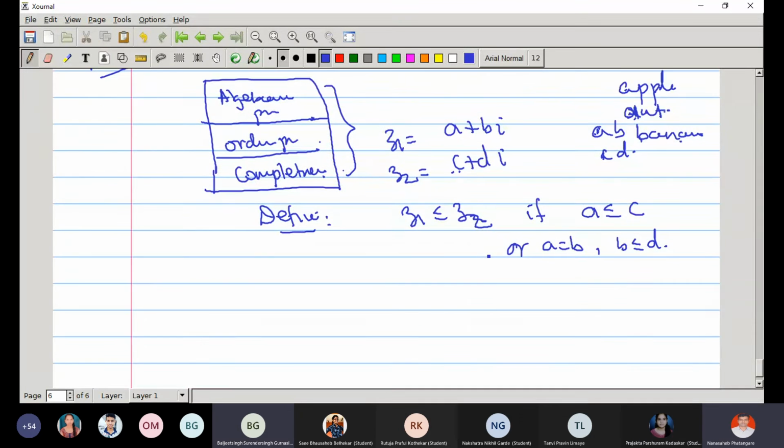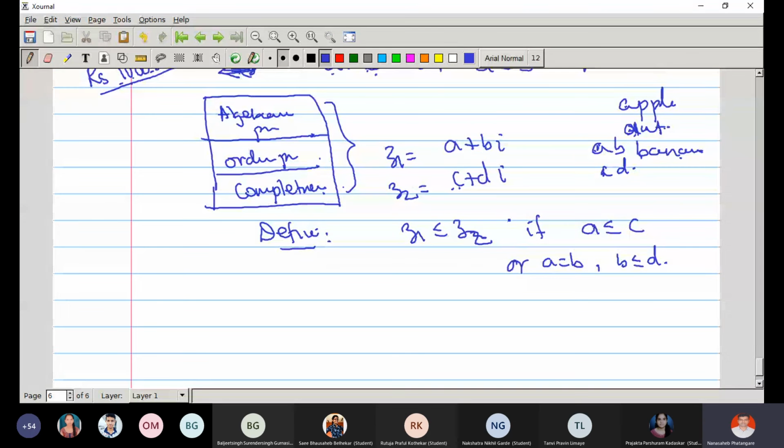So first we compare the real parts. If the real part of the first complex number is smaller and the second is larger, then the second complex number is larger, irrespective of the imaginary parts. But if real parts are equal, that is, if a is equal to c, then compare the imaginary parts.